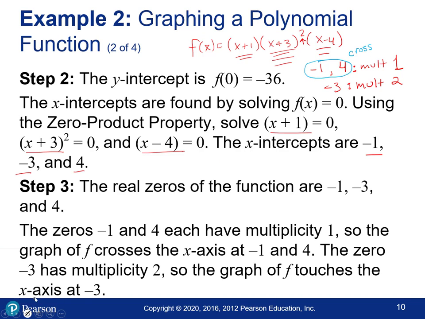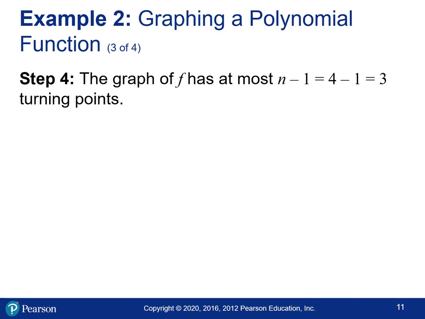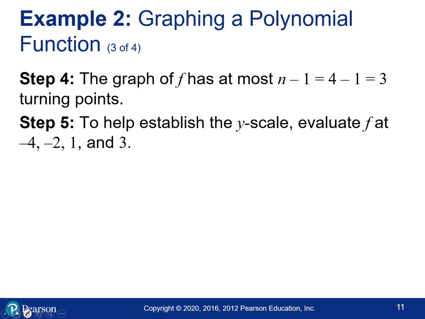And then at negative 3, because we had an even multiplicity, we're going to just touch the x-axis and go back from where we came at that point. Alright, so then our turning points, our graph, because the degree is 4, our graph has at most 3 turning points.